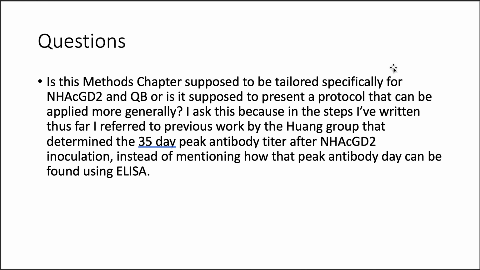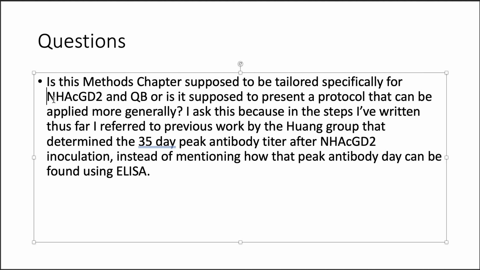And one particular question that has kind of been lingering in my mind ever since I began writing the steps for the mouse immunization. You mentioned that we shouldn't ever mention specifically 9-NHA-CGD2 and Q beta within this work. So should we make it a protocol that is more generally applicable to mouse immunization, or is it still specifically applicable to 9-NHA-CGD2 and Q beta, but we just don't mention it?